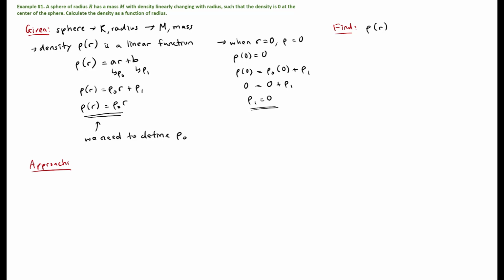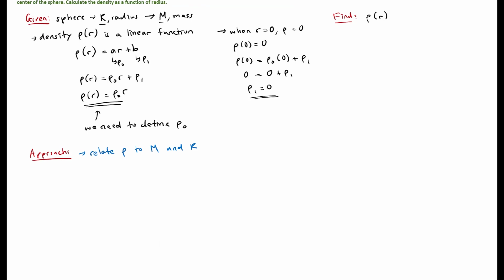First, the only thing that we're given is radius and mass. So it seems like we're going to have to relate density to mass and radius r, or something along those lines.